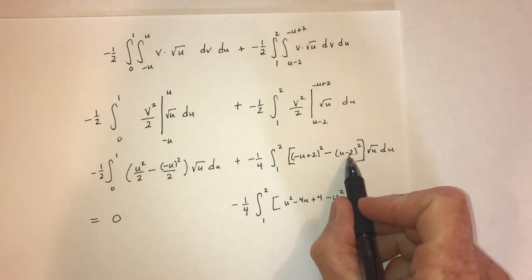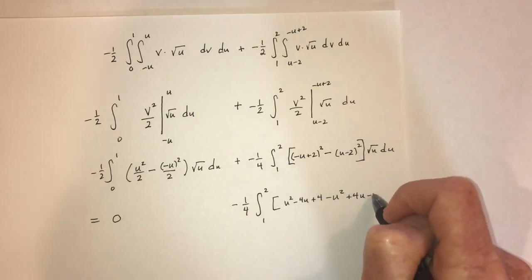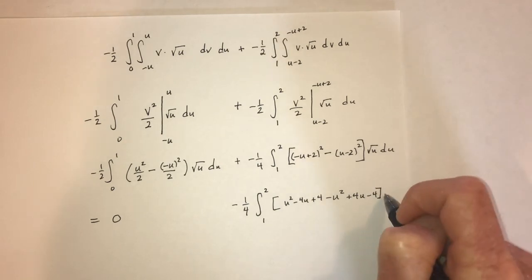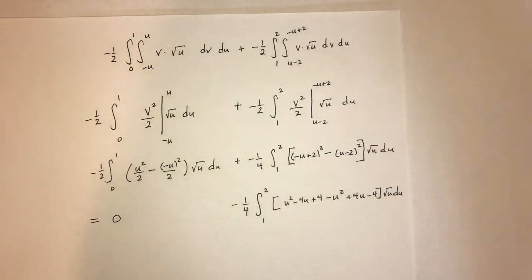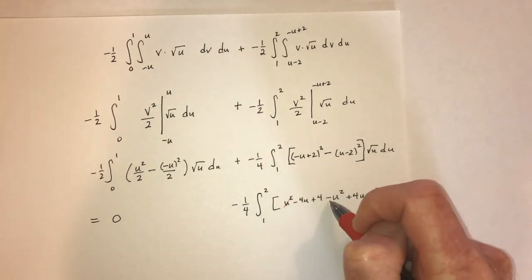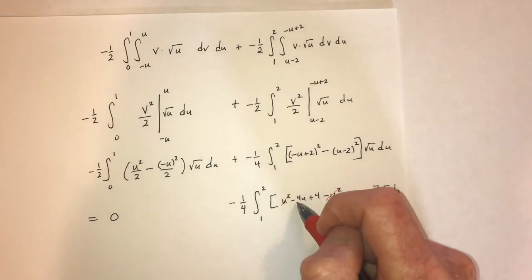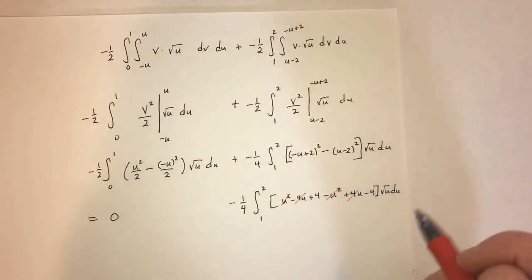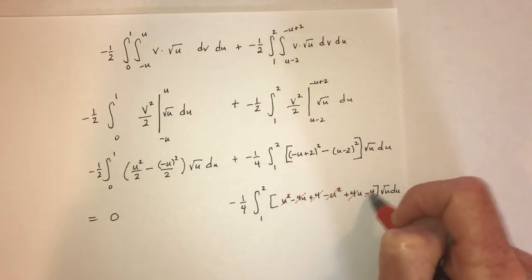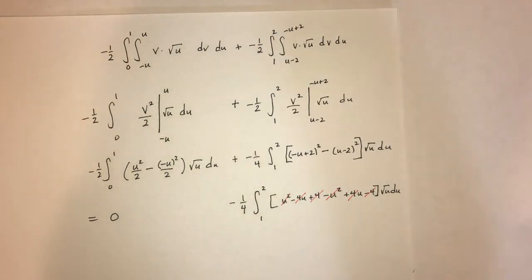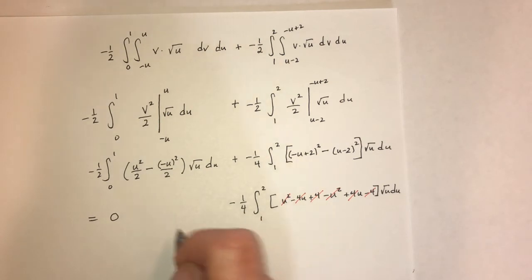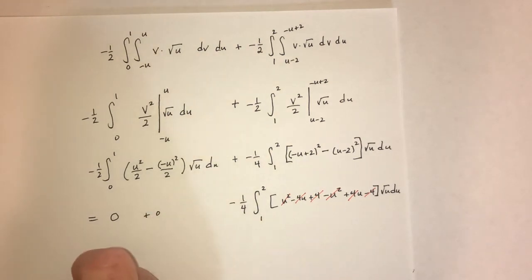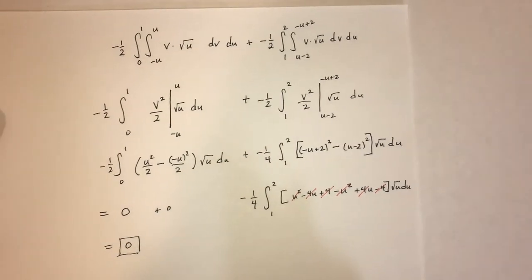And then when you square that, it's a 4, but with that, it's minus 4. And then it's still times the square root of u du. And then u squared minus u squared cancel. Negative 4u and positive 4u cancel. Negative 4 and positive 4 cancel. That means that this whole part is equal to 0. So that means that the final answer is actually just 0 plus 0 or 0.